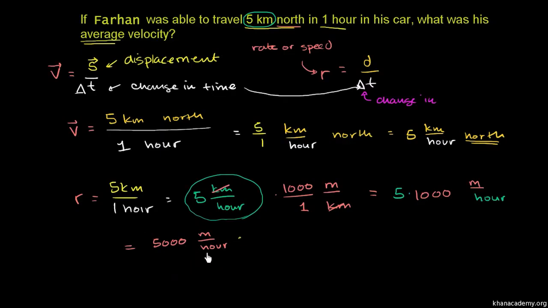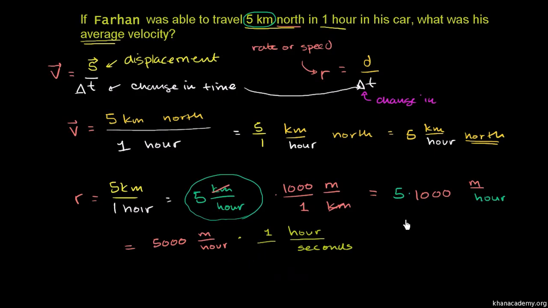So we want to cancel out the hours, and we want to be left with seconds in the denominator. So the best way to cancel the hours in the denominator is by having hours in the numerator. So you have hours per second. So how many hours are there per second? Or another way to think about it, 1 hour, think about the larger unit. 1 hour is how many seconds?